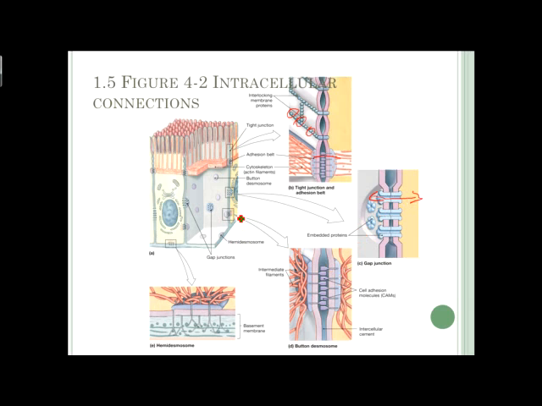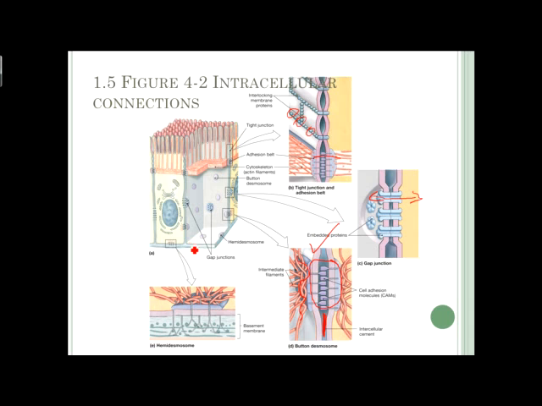Here we have a button desmosome, right here. If we note, this is anchored pretty good together by cellular adhesion molecules and intercellular cement, so to speak, that sticks it together. And you have all of these intermediate filaments running through there, anchoring it like sucker rods.